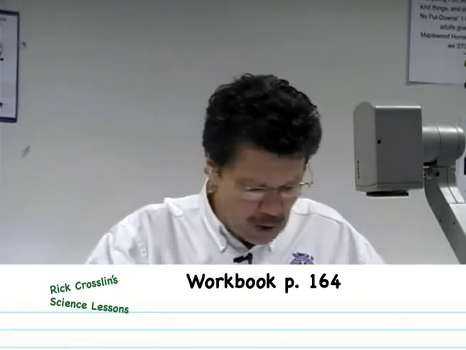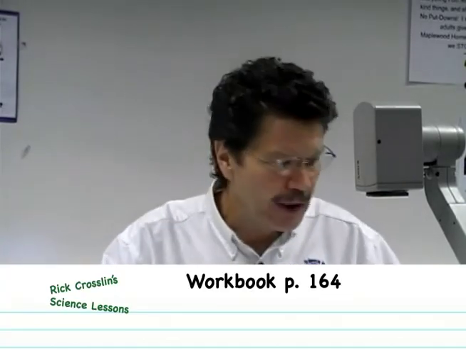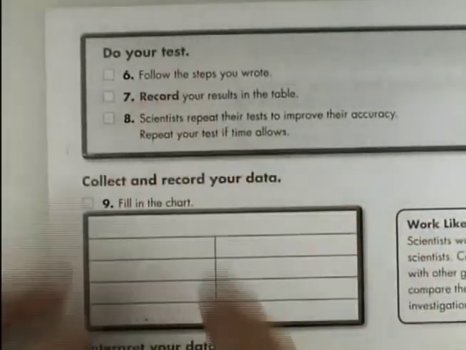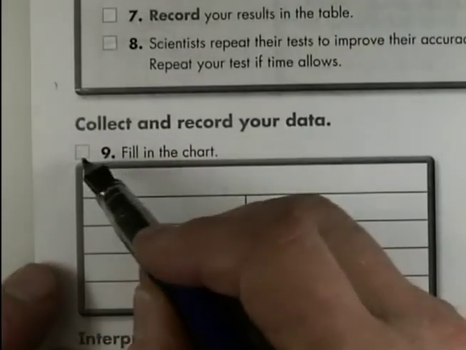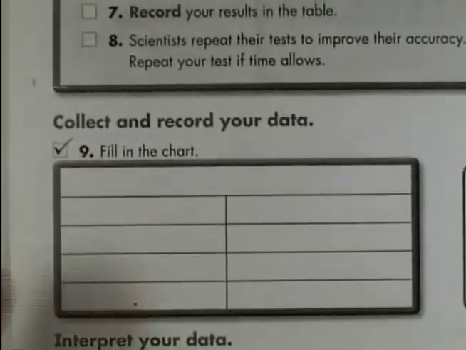Let's take just a few seconds to prepare our data sheet. And that is on page 164 in your workbook. And it looks like this. We're going to do the test in just a second, but let's look at number 9. And I'm going to change this a little bit. So get your pencil ready, and I want you to do this with me, okay? And here's how it looks. Ready?